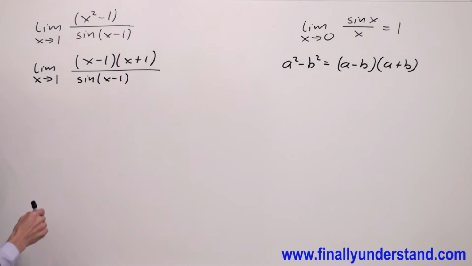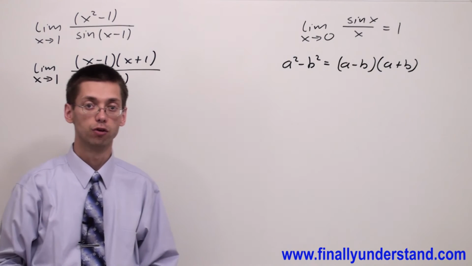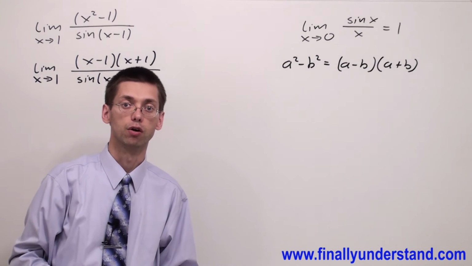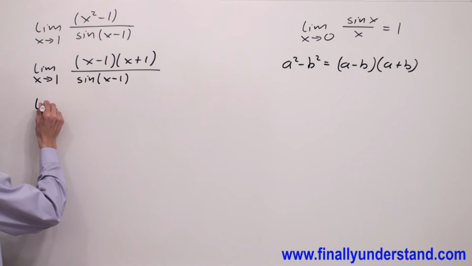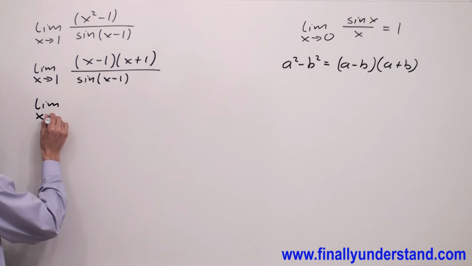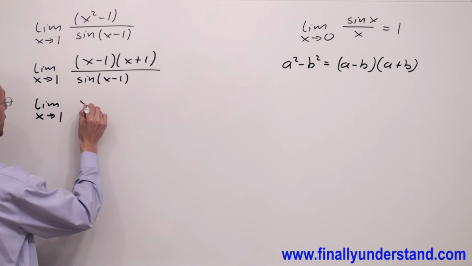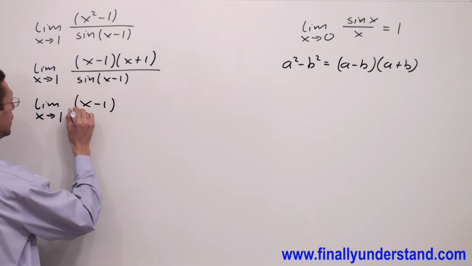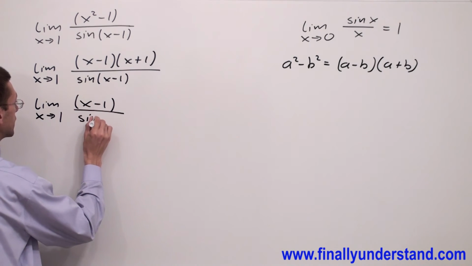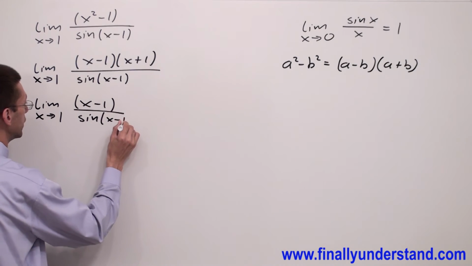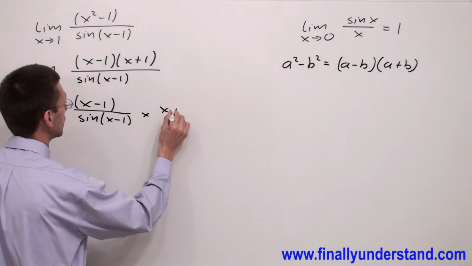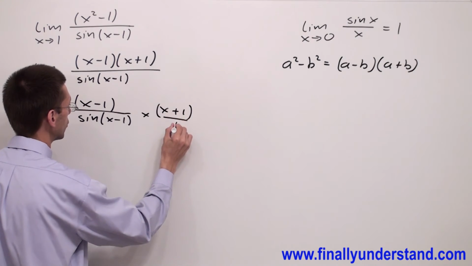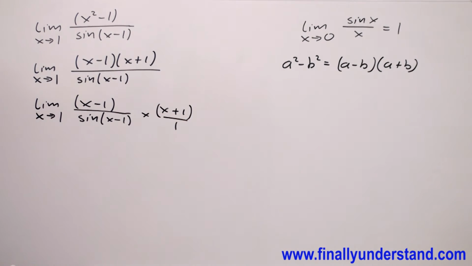So what I'm going to do next is rewrite the whole expression one more time, but this time I'm going to apply the theory for the limit of products. You can rewrite this as the limit as x approaching 1 of x minus 1 over sine x minus 1 times x plus 1 over 1, which is simply x plus 1.